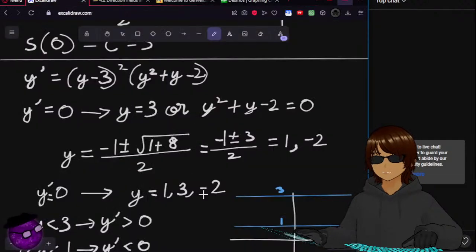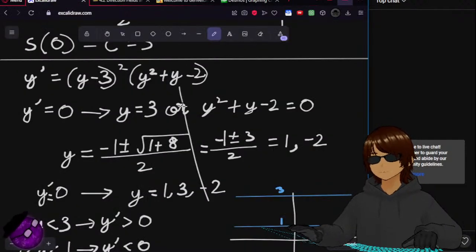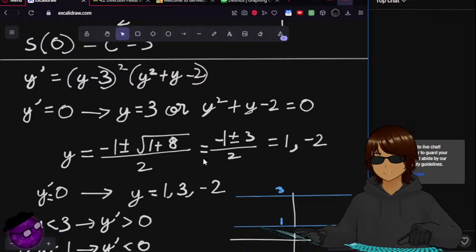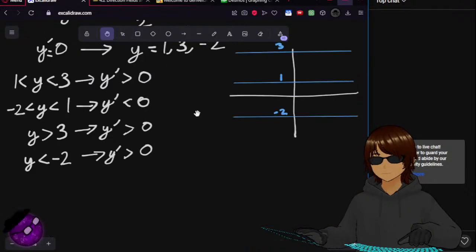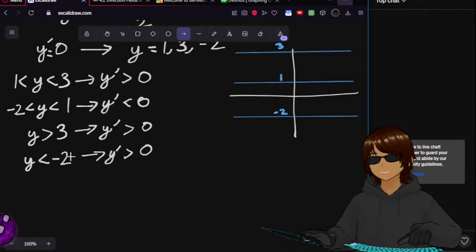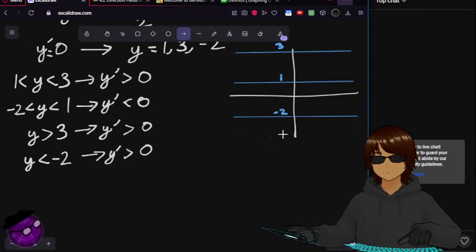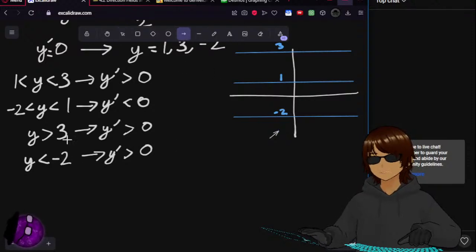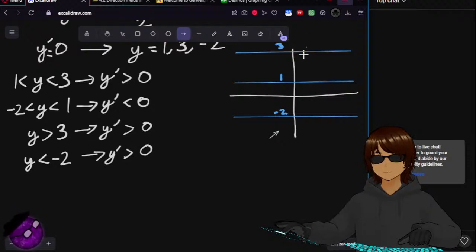Now, what? More than 0. If it's, then it's more than 0.